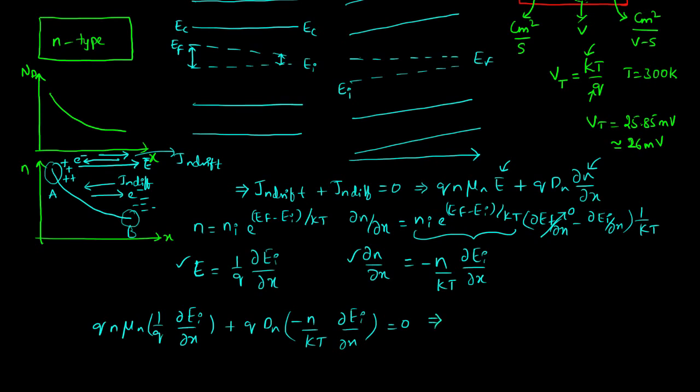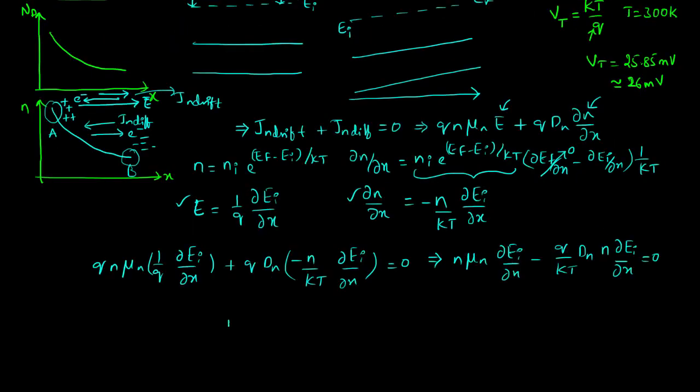Now we can reduce this to n mu n times del Ei over del x minus Q over kT times Dn times n times del Ei by del x. This is equal to 0.